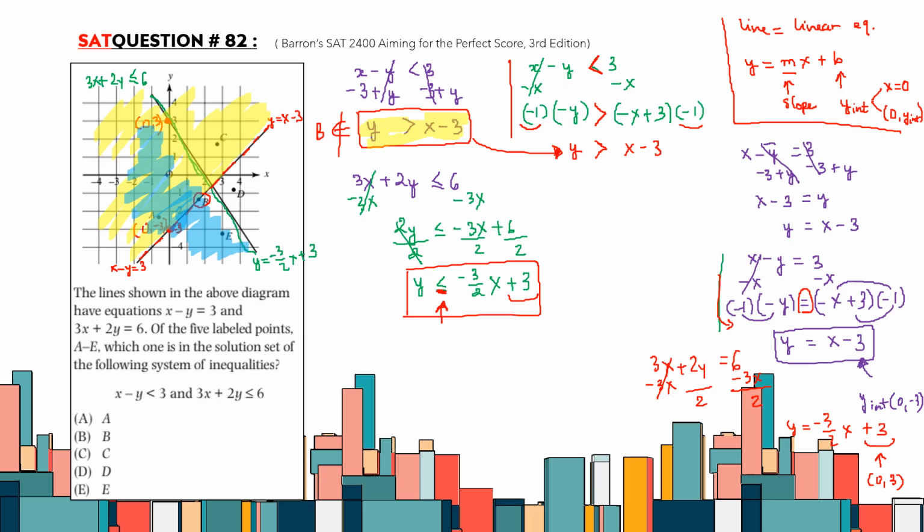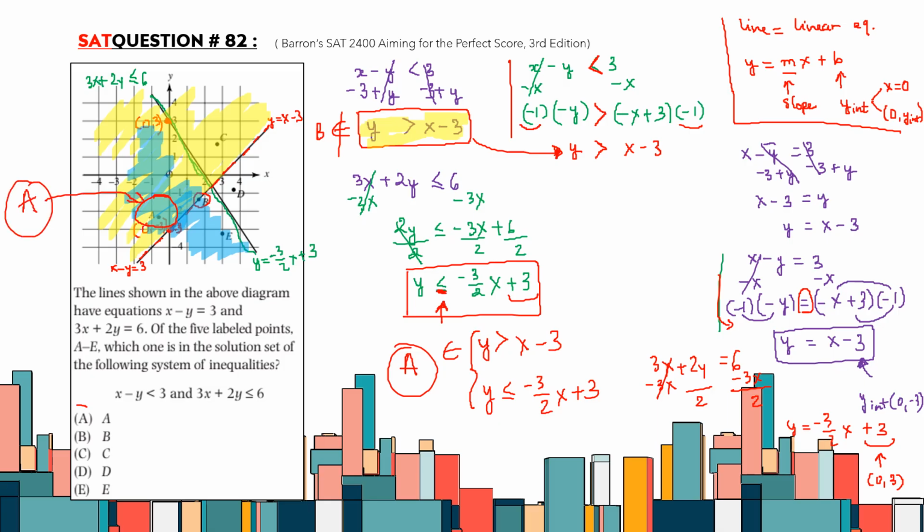We have letter A. A belongs to y greater than x minus 3 and also belongs to the set of y less than or equal to negative 3 halves x plus 3. Here is A. So point A is in the solution set of the following system of inequalities.